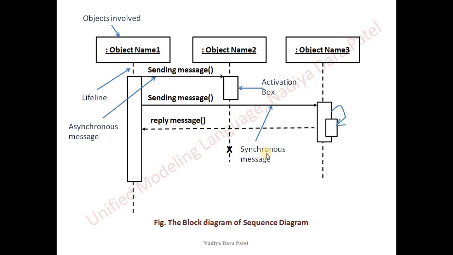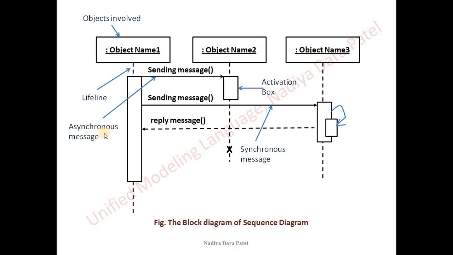Now what are these synchronous messages? These are the messages which work in sync with others. Once they send a message, they will wait for a reply message and then they will send the next message. Unless and until they get a reply to their sent message, they won't proceed.